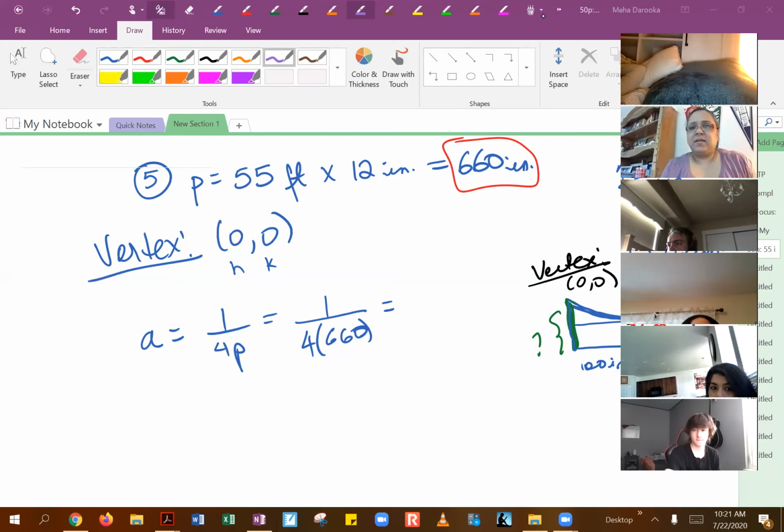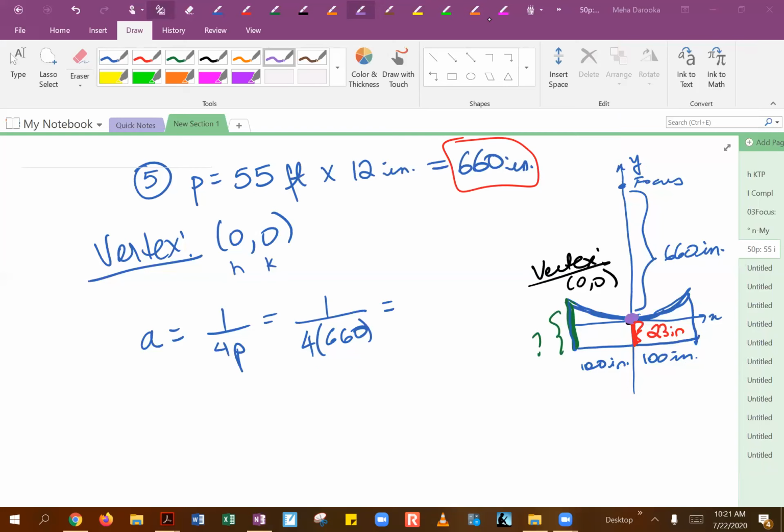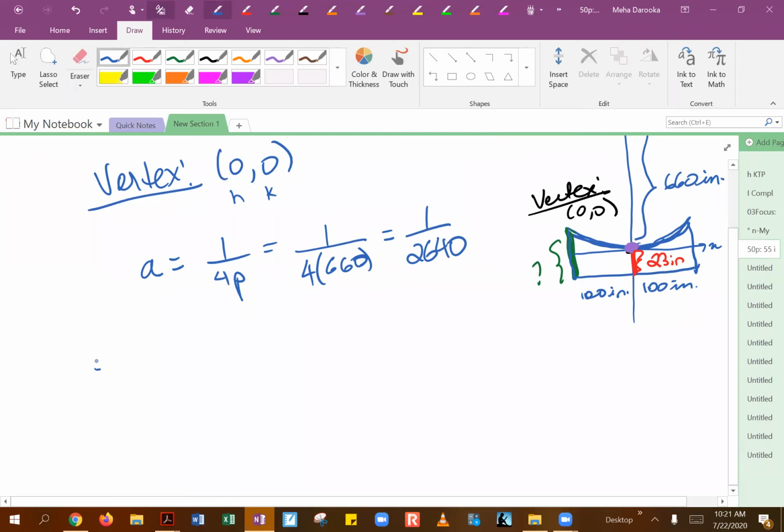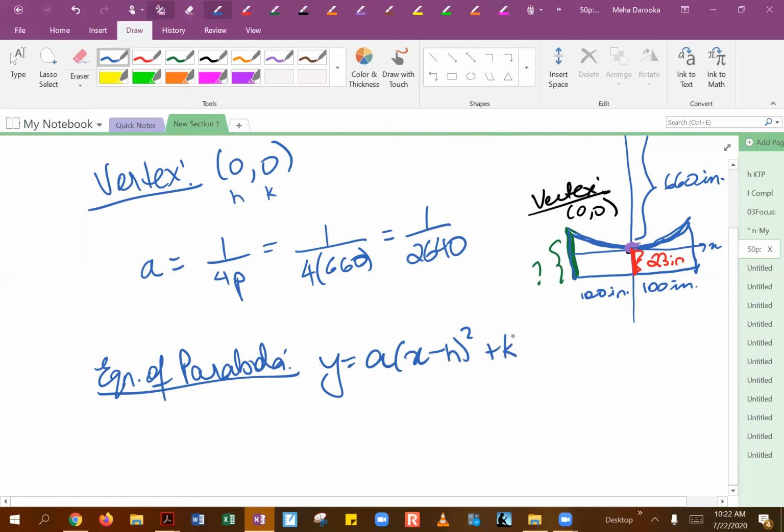Okay, very good. Alrighty, and then you guys came up with 1 over 2640 for the value of A. That's good. All right, so we've got our A value. We are assuming the vertex being at 0, 0, so that gives you your H and K value. So for the equation of our parabola, you've got, again, in the transformation form, y equals A times x minus h squared plus k.